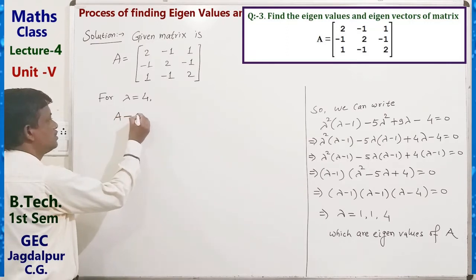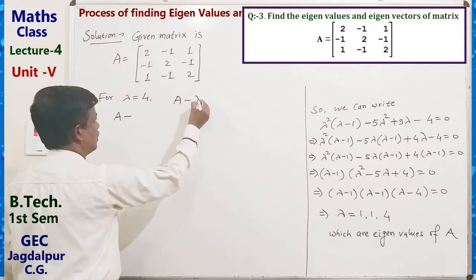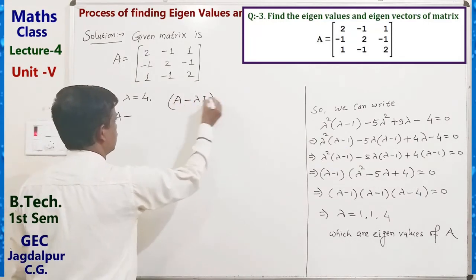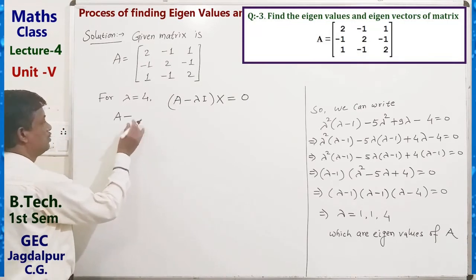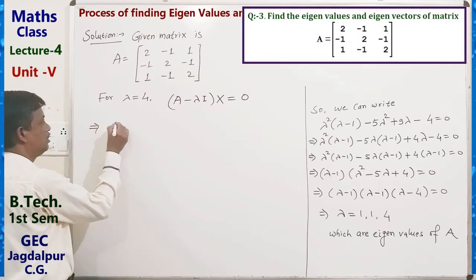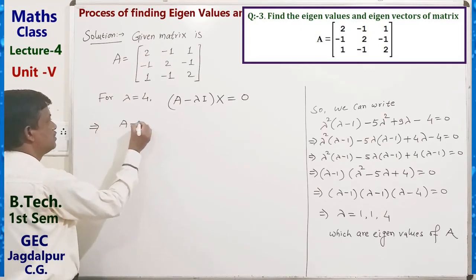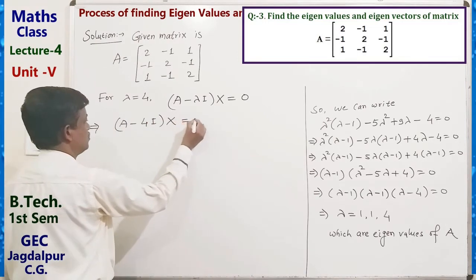A minus lambda I, x equals to 0. So this is what? A minus 4I, x equals to 0.